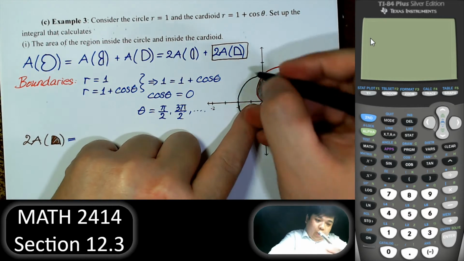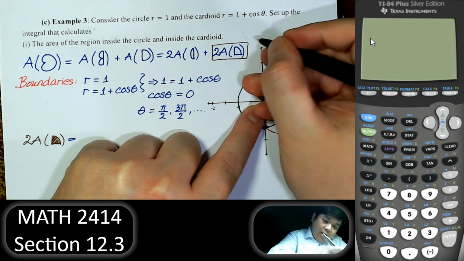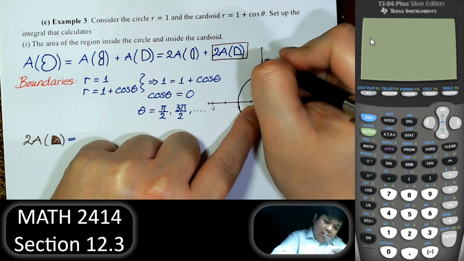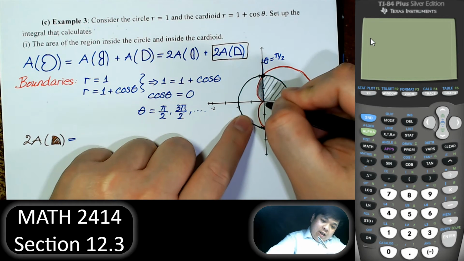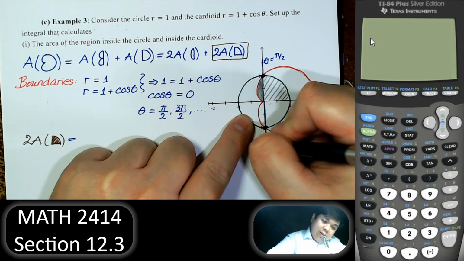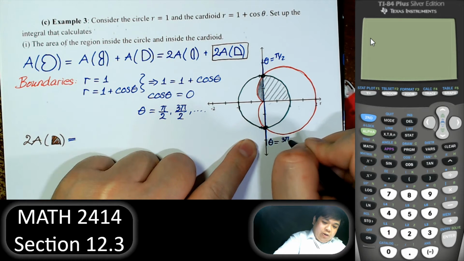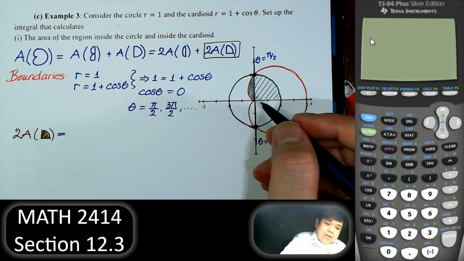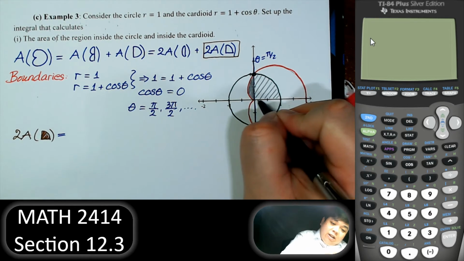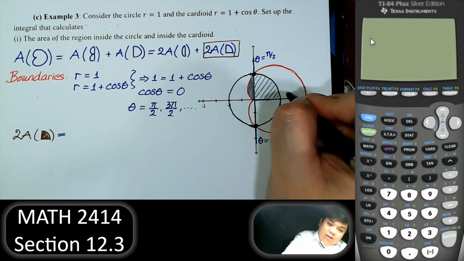Now, we know this line is theta equal to pi over 2, and this line theta equal to 3 pi over 2. But in this case we have just half a circle, so this is from 0.